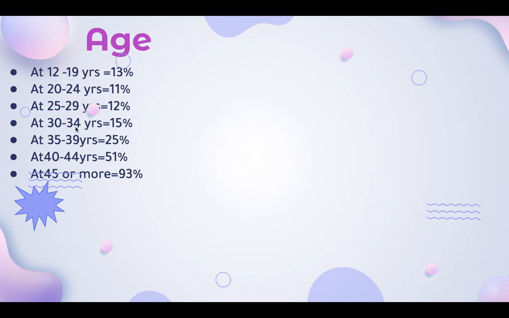After 11, come to this point: 30 to 34 and 40 to 44. It is quite easy to remember. When someone reaches the age of 30, everything starts to change. So 30 to 34, risk is 15%. When this patient reaches 40 to 44 years, the risk is reversed. What is the opposite of 15? It is 51. You will take the 5 over here and 1 over here.